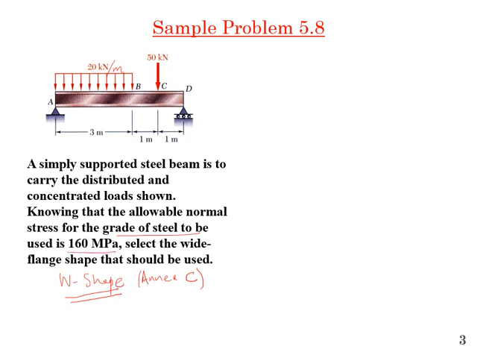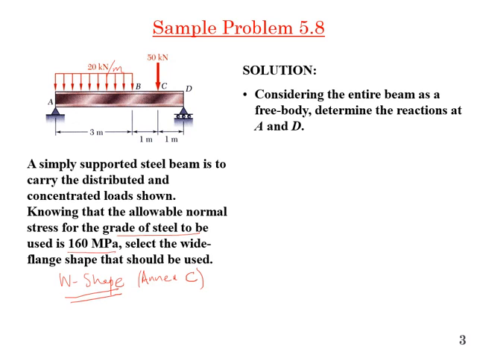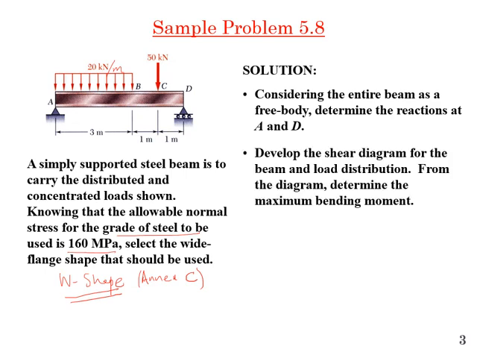Now, what will we do? We will first consider the entire beam as a free body and determine the reactions at A and D. Then we will develop the shear and bending moment diagrams and find the maximum bending moment.